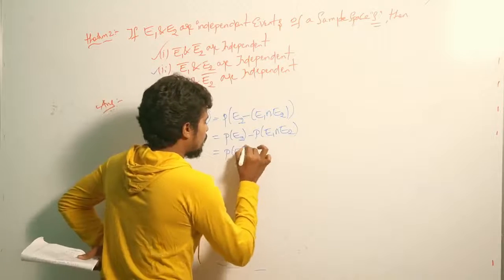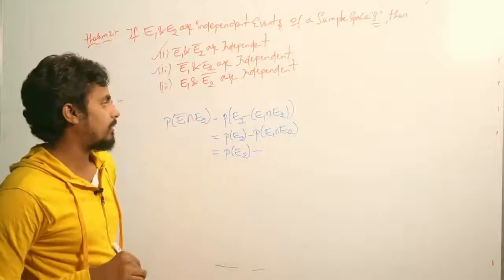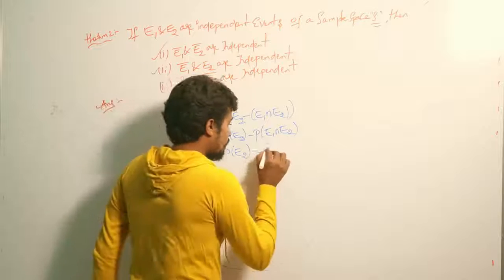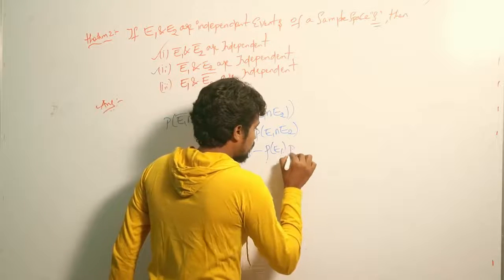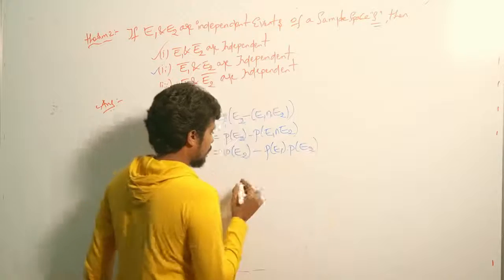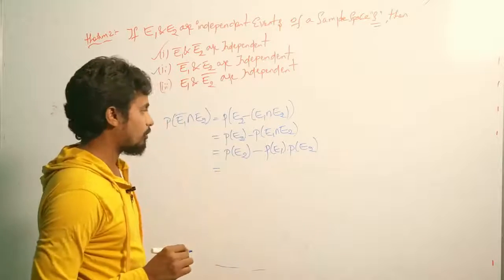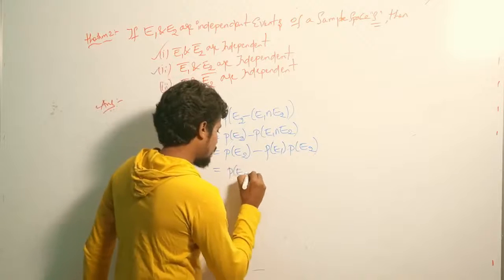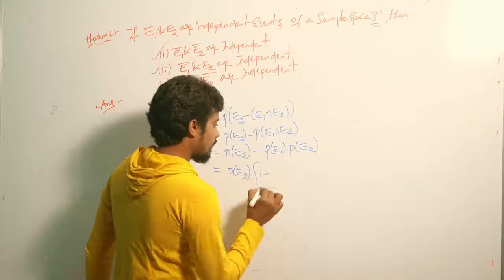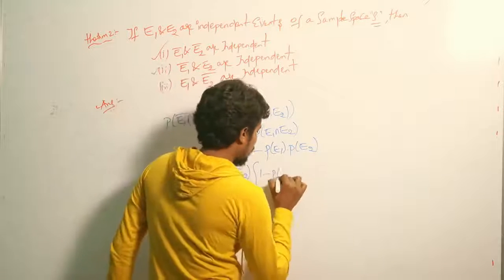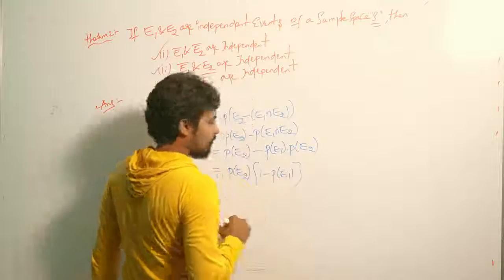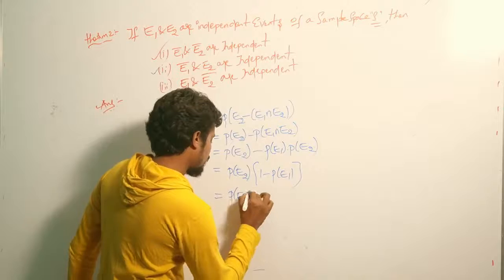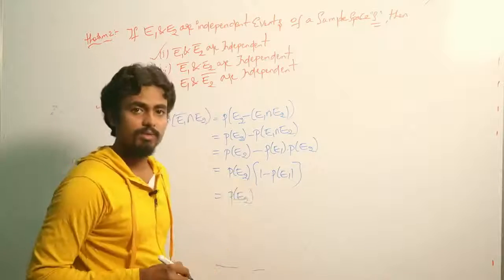And here, P of A intersection B will be P of A into P of B. Similarly, we can write P of E1 into P of E2. And similarly, if you take P of E2 common, what will happen? P of E2 into 1 minus P of E1.